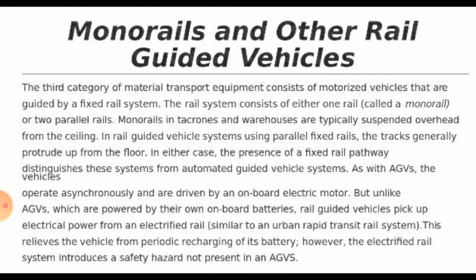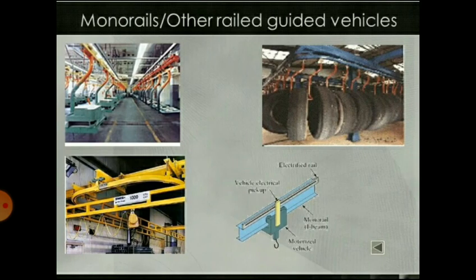In rail guided vehicle systems using parallel fixed rails, the tracks generally come through the floor. Unlike AGVs operated on electric motors, rail guided vehicles operate on electric power from an electrified rail. Rail guided systems are generally considered to be more versatile than conveyor systems but less versatile than automated guided vehicle systems. So this is the monorails and other rail guided vehicles.